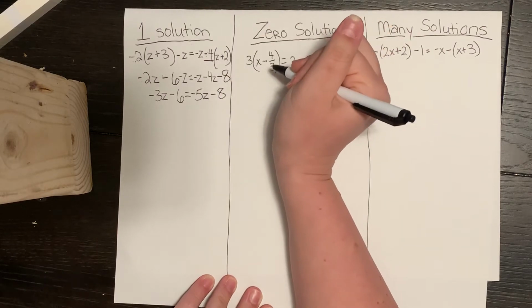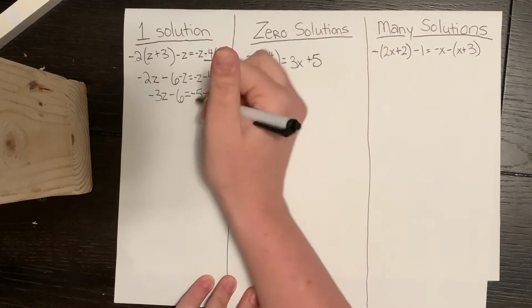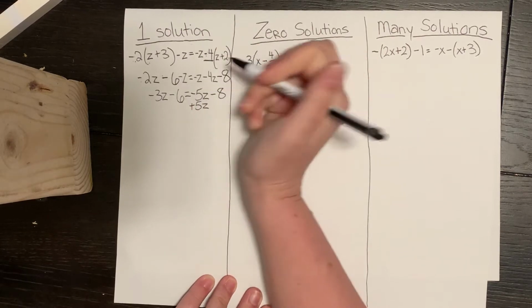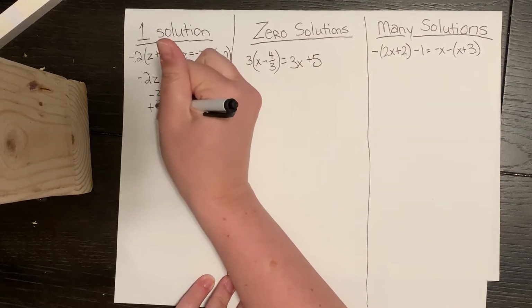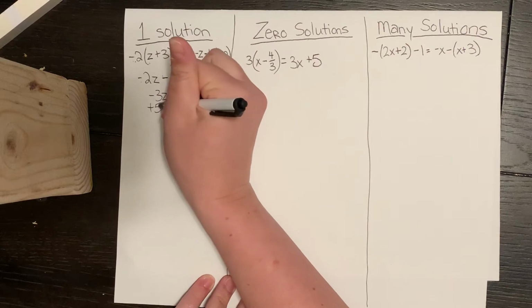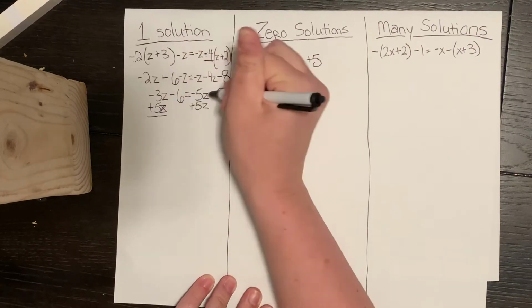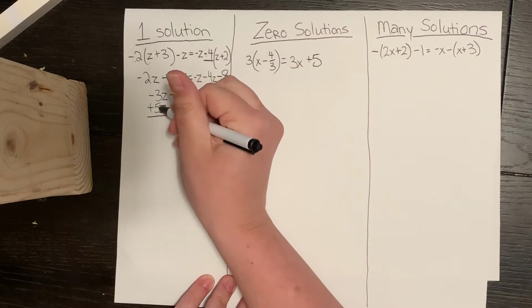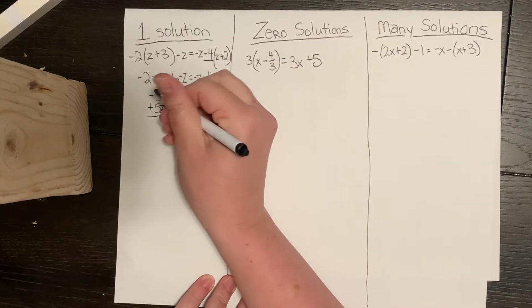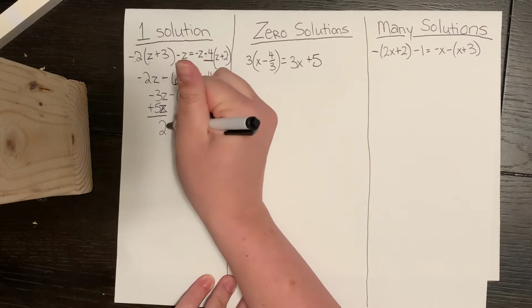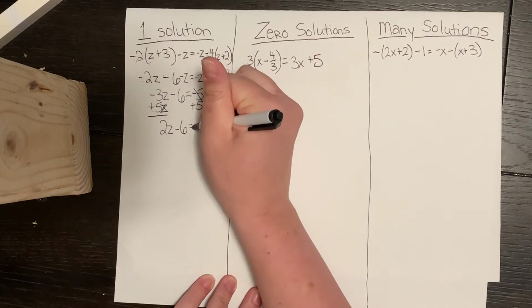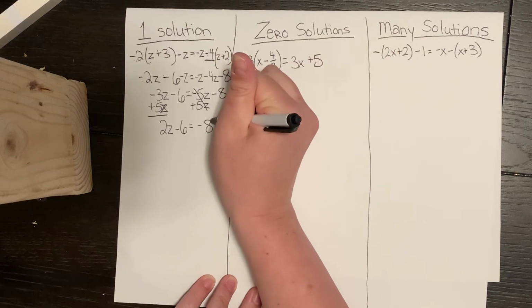Now I'm going to add 5z to both sides so I can get my variable on one side. Oops, not x, it's z. Okay, they cancel each other out. So now I have 5z minus 3z, and that's 2z minus 6 equals negative 8.